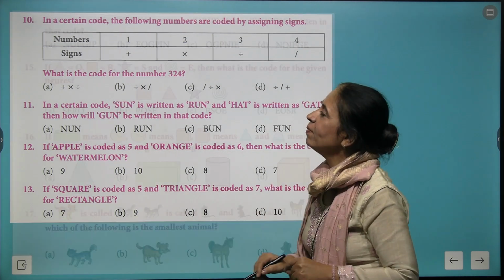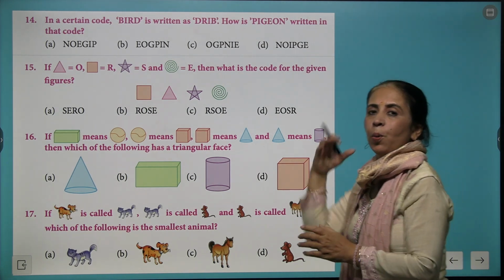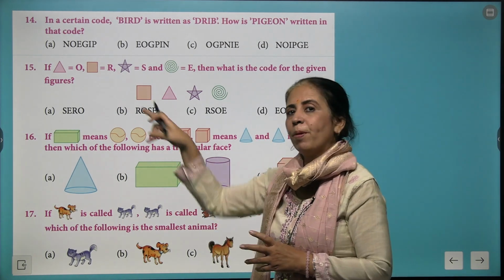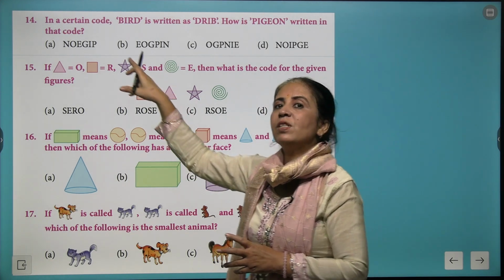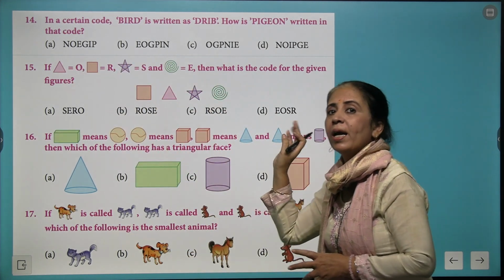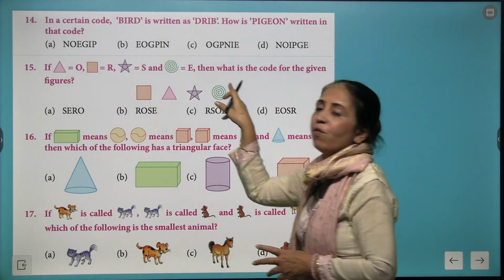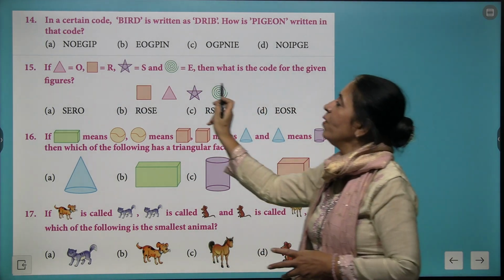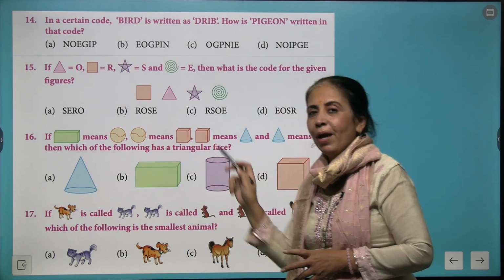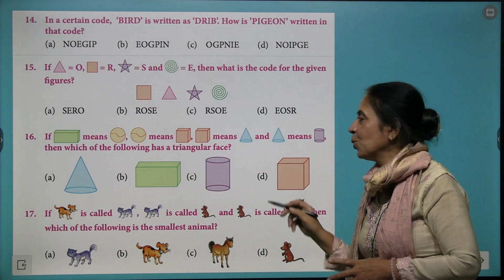Moreover, we have some questions where we use symbols, some of the geometrical shapes to represent some number. Like I have taken triangle, circle, spiral, and even the square, they are representing different alphabets. And now we have to identify what is this code. Interesting. Are you ready to do it?